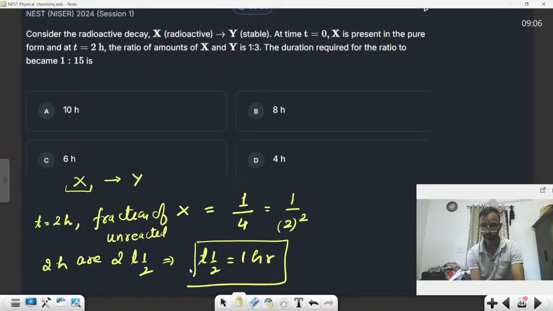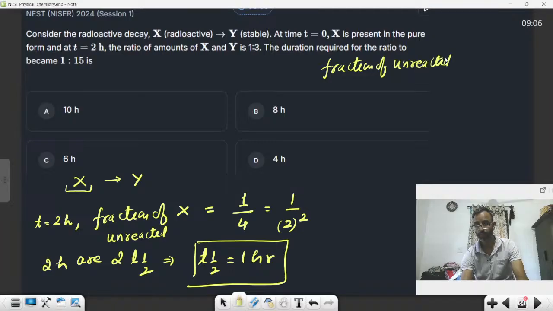Half-life is 1 hour. So now duration required for 1:15. That means fraction of unreacted X equal to 1/16. That is 1 upon 2 raised to power 4.